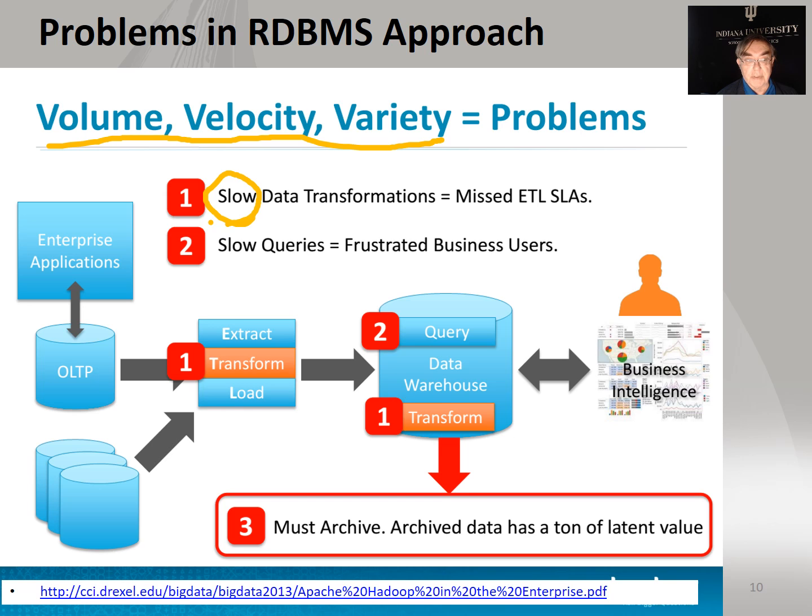And here is just a typical process. Again, this comes from the Cloudera presentation, where we have enterprise application, online data processing. We do our ETL, and then we go to the data warehouse, which is then queried to get results.